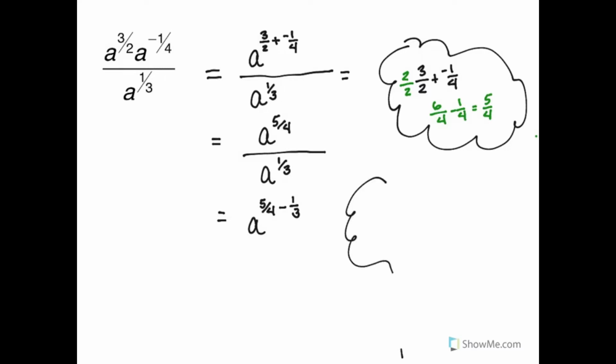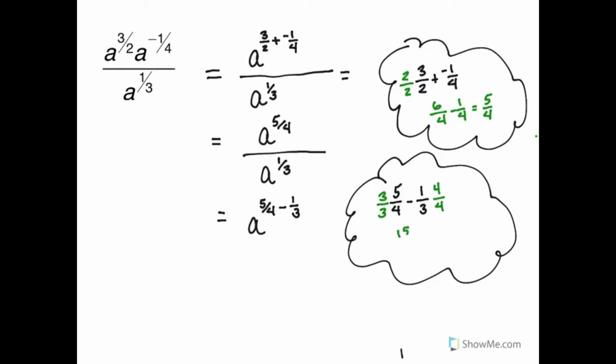Let's do the subtraction off to the side. 5/4 minus 1/3. The common denominator is 12, so I multiply 5/4 by 3 over 3 and 1/3 by 4 over 4 to get that common denominator. 3 times 5 is 15, and 3 times 4 is 12.